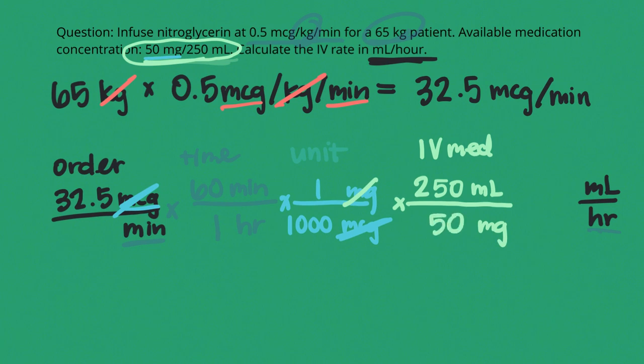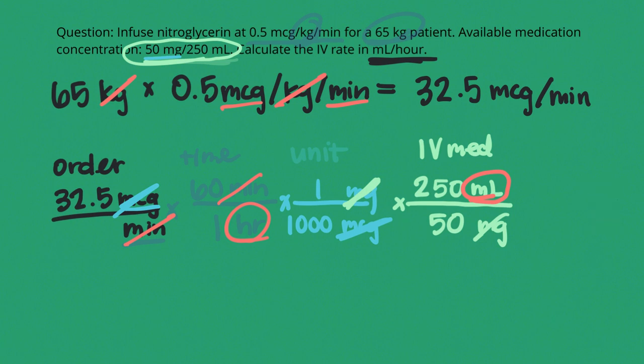But the milliliters always goes on top, partly because you need to find milliliters for your final answer on the top. So make sure the IV medication bag, the milliliters is always on top if you're trying to calculate the milliliters per hour. As I mentioned before, milligrams here cancels milligrams here. And I didn't cancel out the minutes and the hours there, but let's just check to see. We got milliliters left and we got hours left. So perfect. If we do this math, we should get our correct final equation.